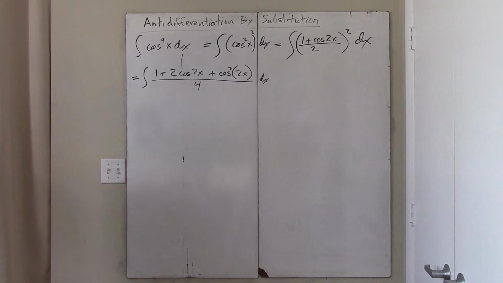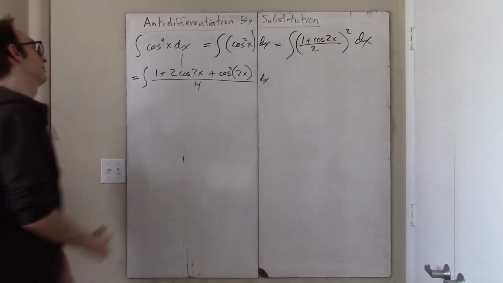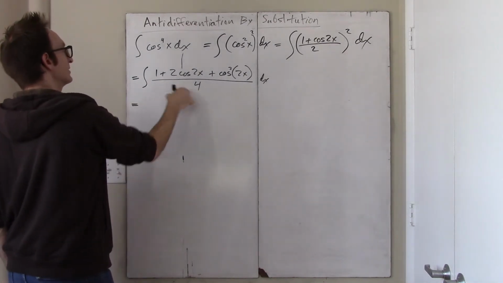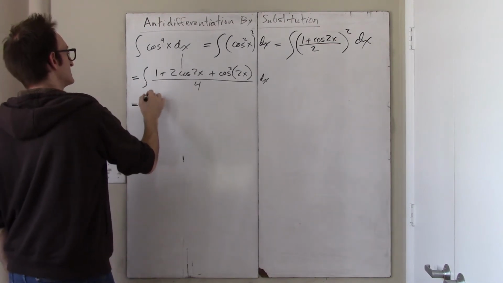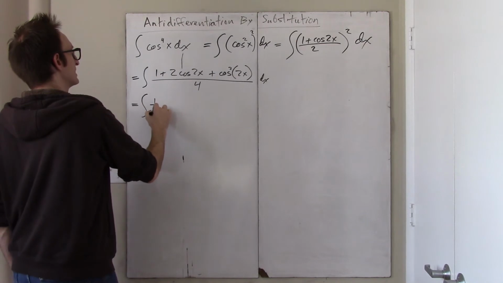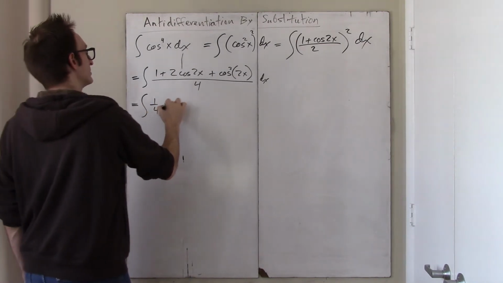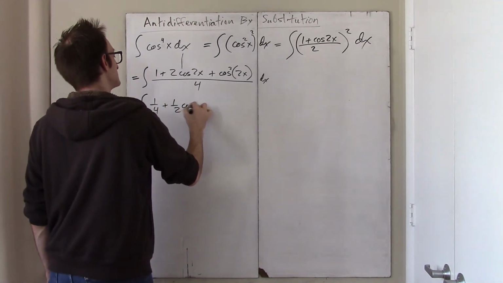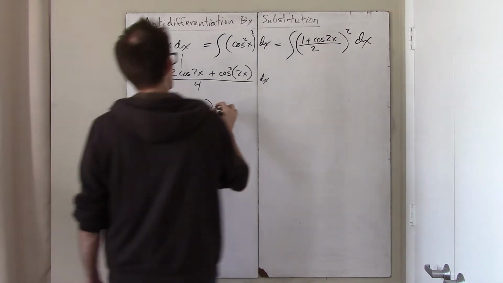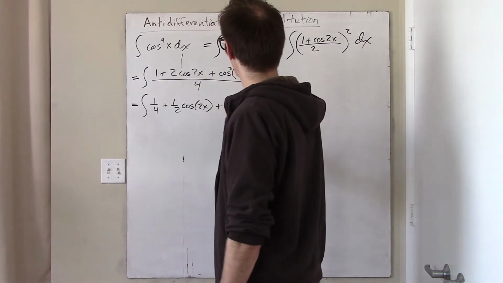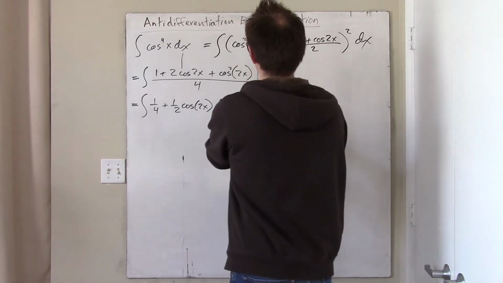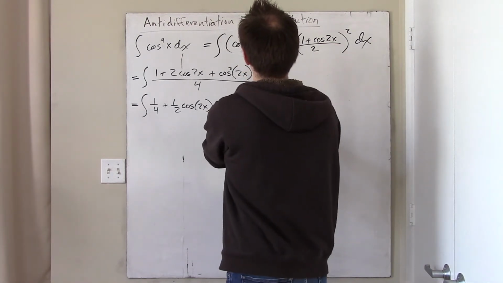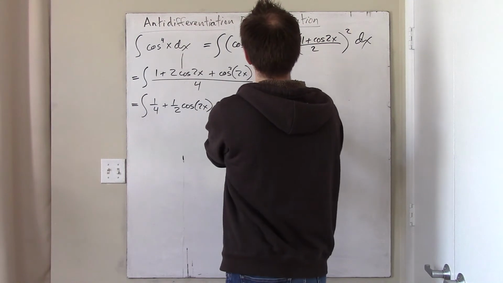And now this whole thing can be rewritten as 1/4 plus 1/2 cosine 2x plus 1/4 cosine squared 2x dx.